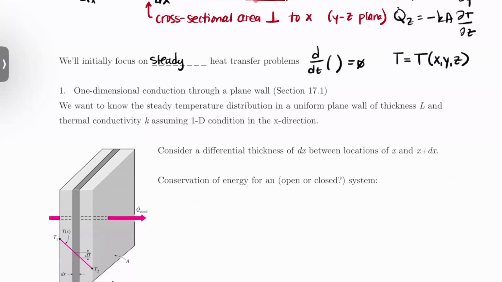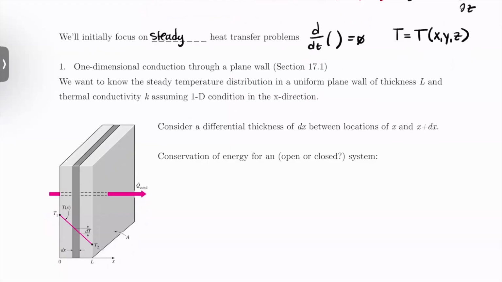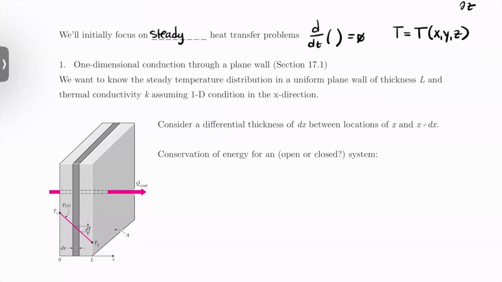Okay, so if we look at 1D conduction through a plane wall, and we want to know the steady temperature distribution in that wall that has a thickness L and a thermal conductivity k, and then we're going to assume it's 1D in the x direction, what we have is the following. So we have our little slab here. This is our x direction here.